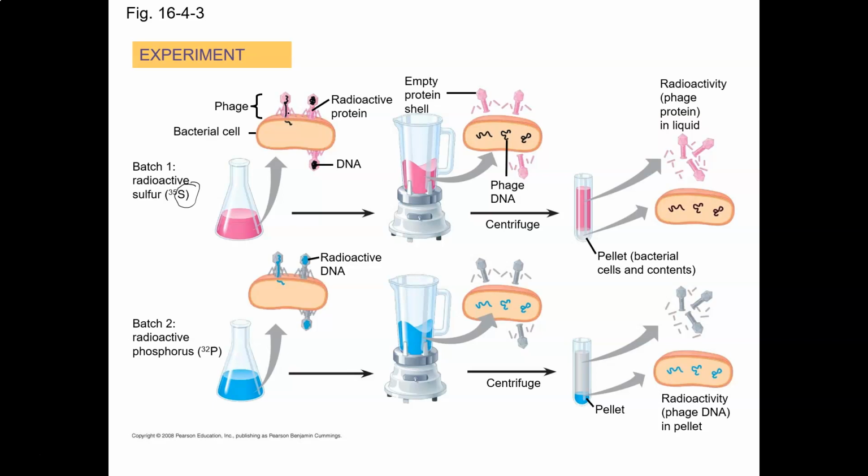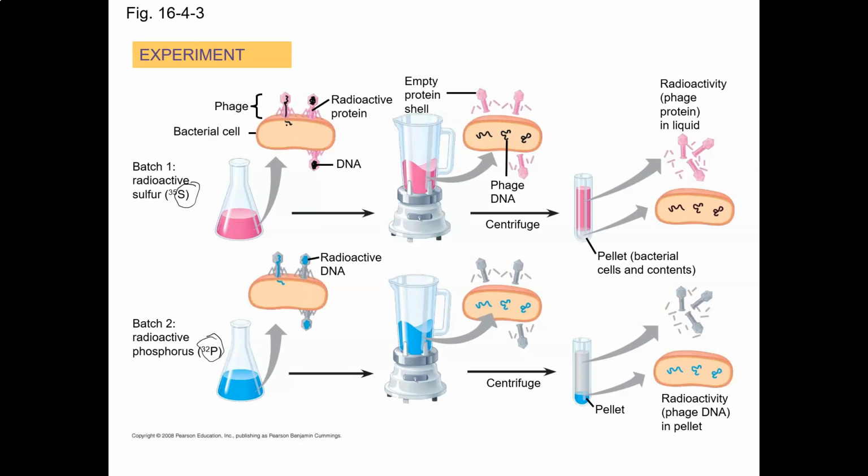Then in a separate batch of viruses, they let them replicate in a medium with radioactive phosphorus, which is found in DNA but not in proteins. So in each experimental group, either only the proteins, those are the pink ones, or the DNA, the blue ones down here, were labeled with these radioactive labels.